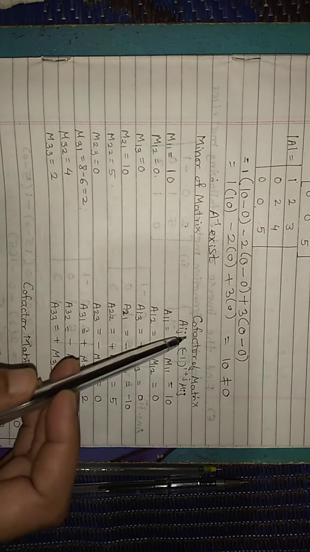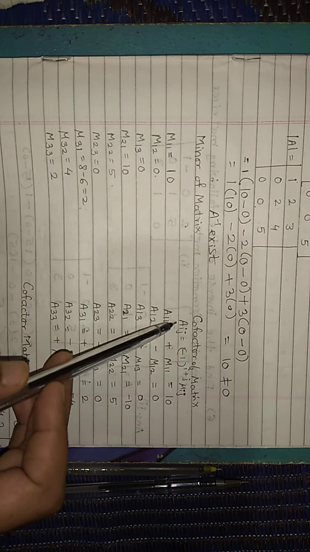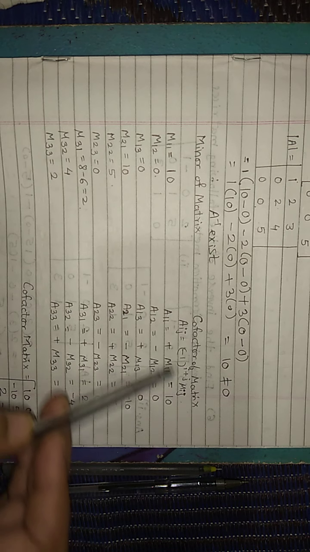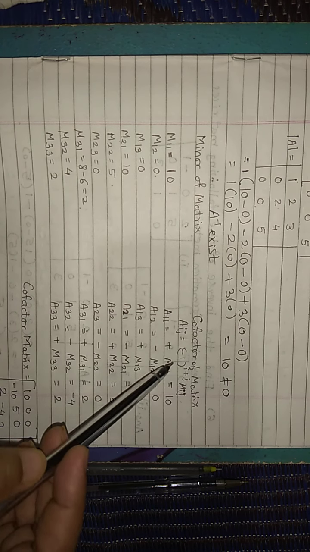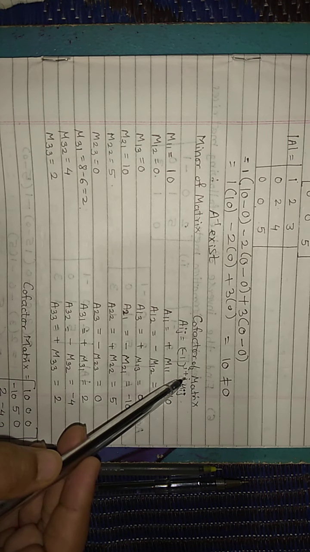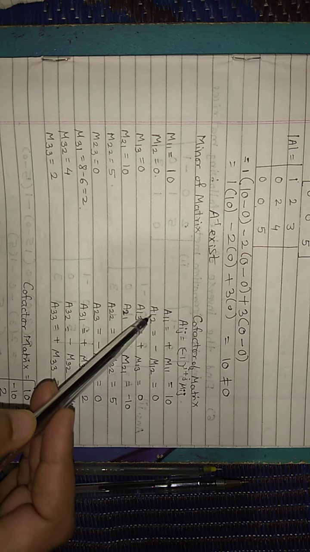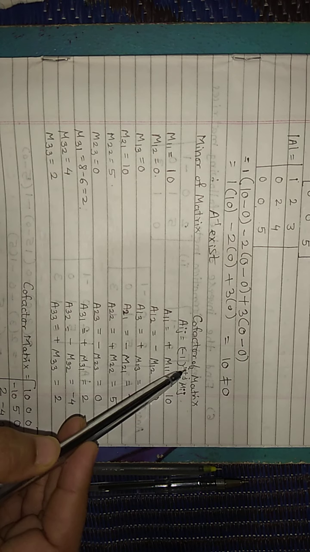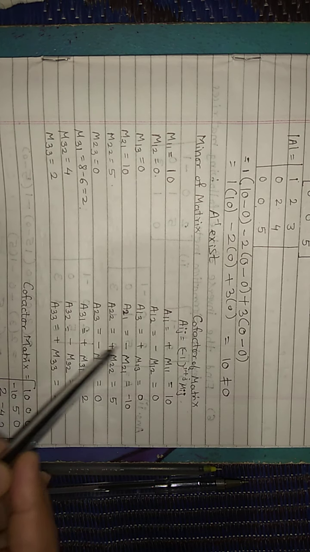So we have found the minors. After that, the next step is the cofactor of the matrix. The same formula: Aij is equal to minus 1 raised to i plus j times Mij. As a shortcut, we apply minus 1 raised to i plus j. We put in all the values: 1 plus 1, 1 plus 2, 1 plus 3. Then decide the positive and negative sign of each element.